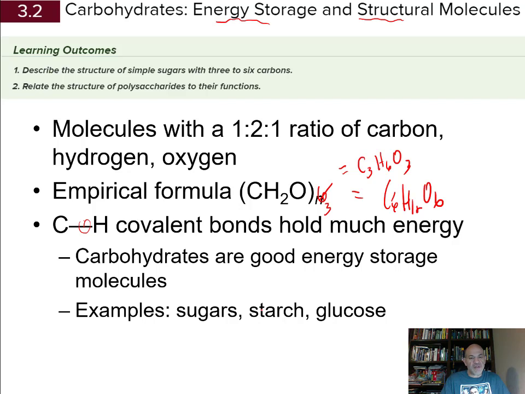The more hydrogen, the more energy. So when we compare later, fats are going to have even more hydrogen in there, so they have even more energy. So carbohydrates are going to be a good energy source, and examples include sugars, starch. Glucose is a very specific kind of sugar. Sugar is more general. Starch is a polysaccharide.